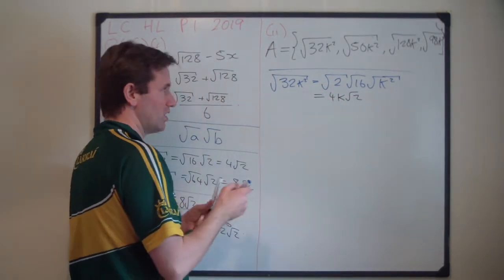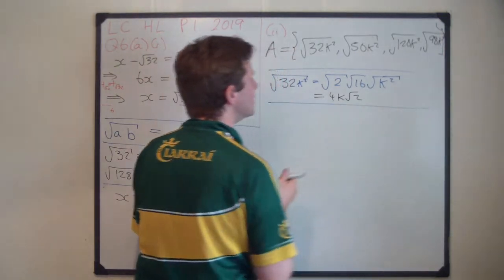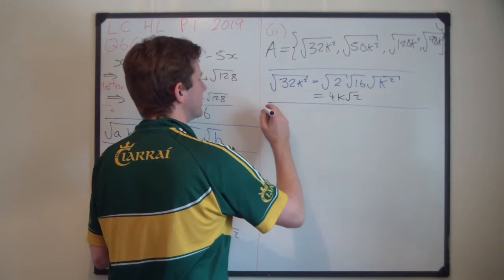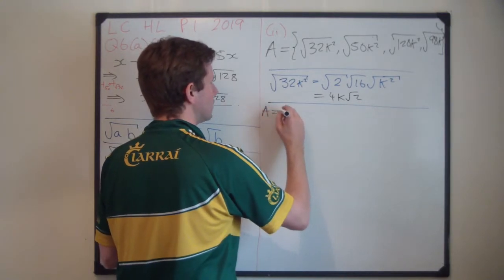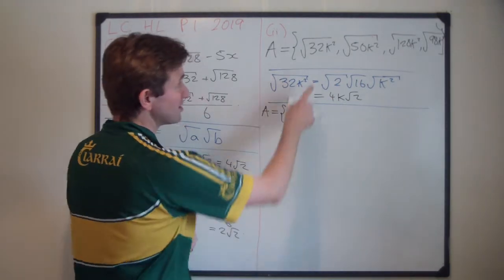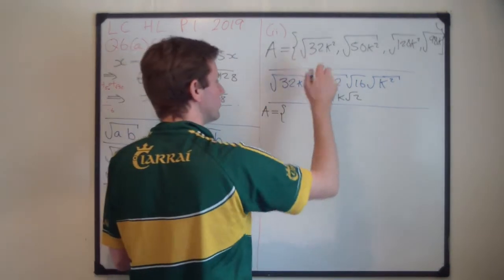And what that means is I can similarly simplify the other things here. So a is in fact root 32. You can put it into calculator if you want. You get 4 root 2, but this is 4 root 2k.